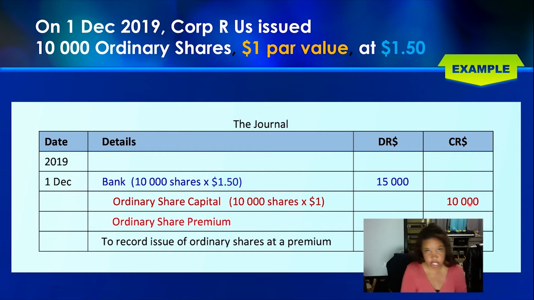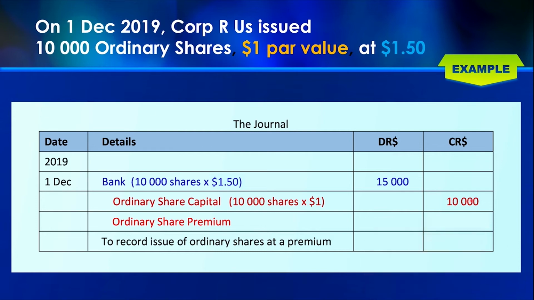So ordinary share premium, we're going to be specific. It's ordinary shares, so ordinary share premium. And what is the difference between 15,000 and 10,000? 5,000. If you want to get a little bit more technical or mathematical, is that a word? Anyway, basically you will look at it here.